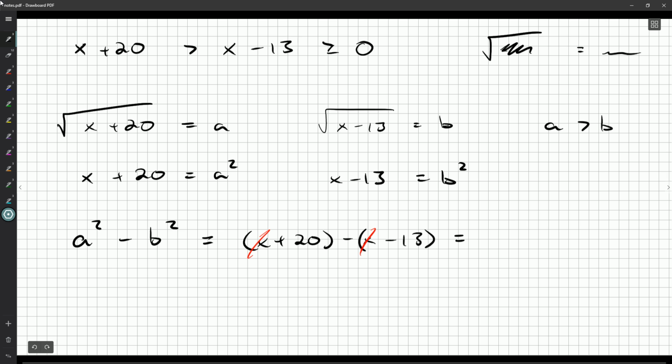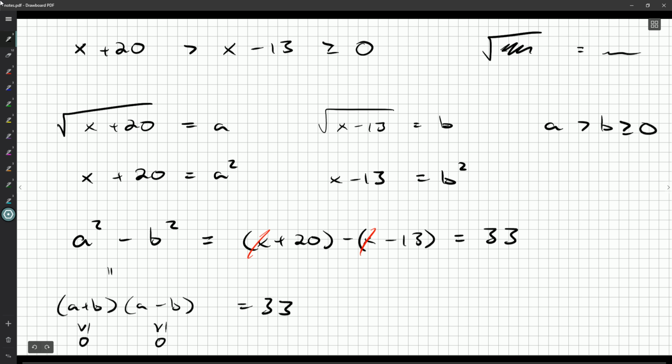You get 20 minus negative 13, which is 33. Now, a and b are both non-negative integers, and a is bigger than b, so a minus b is greater than or equal to 0, and so is a plus b. Because we can factor a difference of squares, we must be looking at two integer factors of 33.